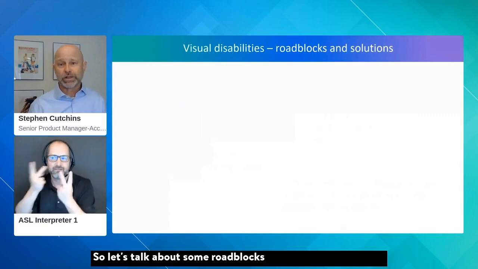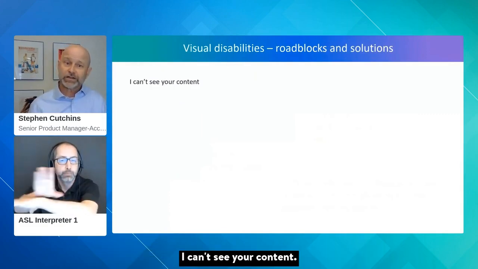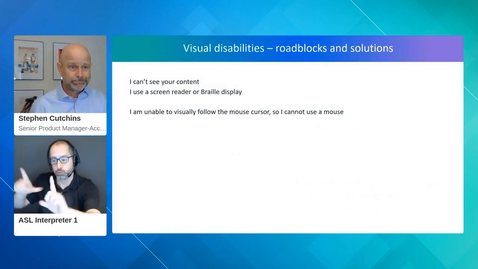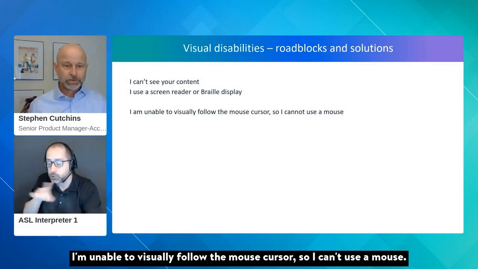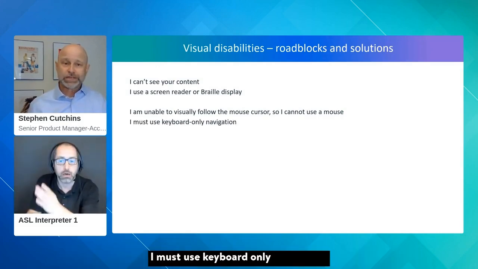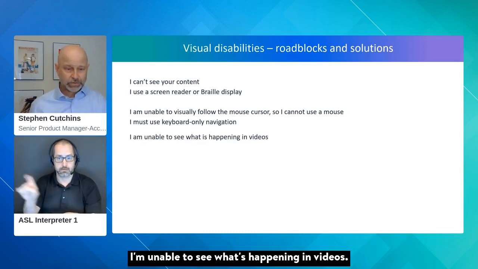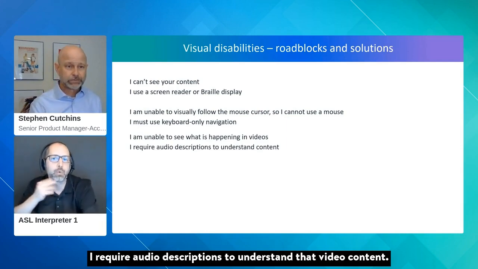So let's talk about some roadblocks and solutions real quick. So the roadblock is pretty clear. I can't see your content. I have to use a screen reader or a braille display. I'm unable to visually follow the mouse cursor, so I can't use a mouse. I must use keyboard-only navigation. I'm unable to see what's happening in videos. I require audio descriptions to understand that video content.